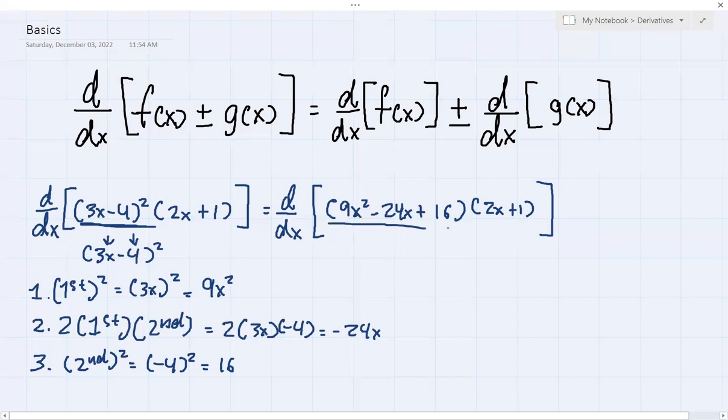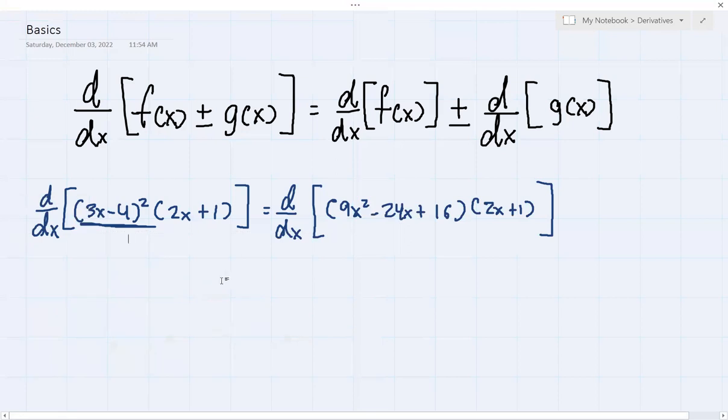Kapag meron tayong trinomial at binomial, di ba? Kung naalala niyo yun, yung previous video na pinanood ko, yung tinuro ko. Okay? So, isulat natin sila. Okay? Ilagay ko sa unahan si 2x plus 1. Ilagay ko siya sa unahan. So, meron tayong 2x plus 1. Tapos, yun, meron tayong 9x squared minus 24x plus 16.